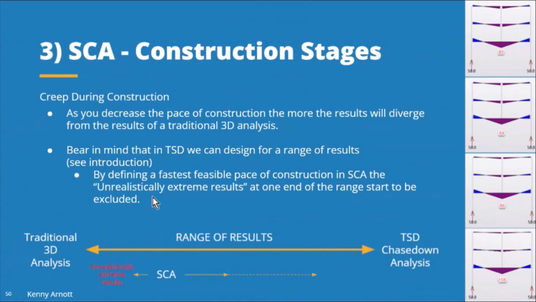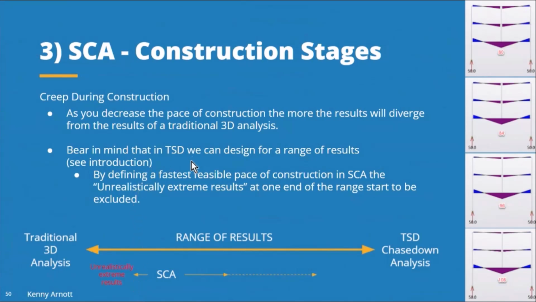And that brings us back to this sort of view of things here, where we've got this range of results that can be considered in design, traditional 3D analysis at one end, chase downs at the other, and this unrealistic group of results that we can eliminate by considering stage construction analysis.